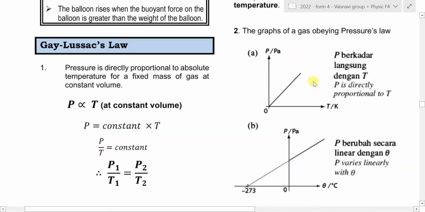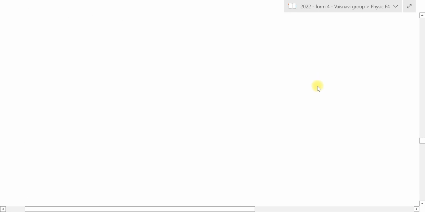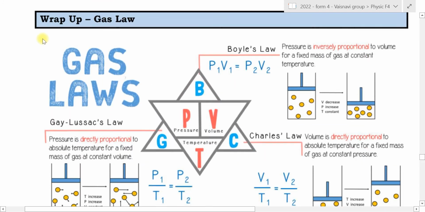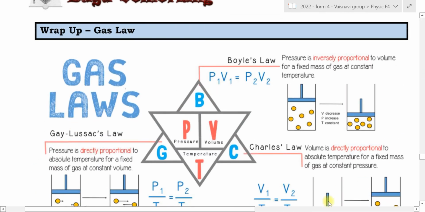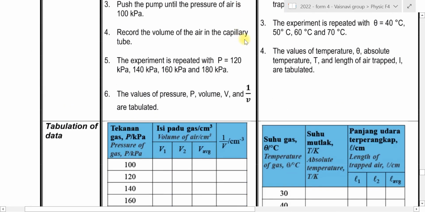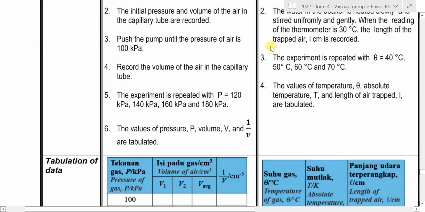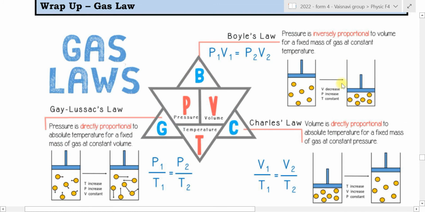I think that's all for this week. You can see the summary if you want everything in one shot. This is a very nice summary. Here, the experiment at the back. You must know the experiment setup because questions will come using this setup, and you don't know which chapter they will ask about.